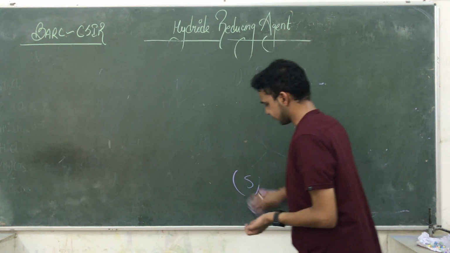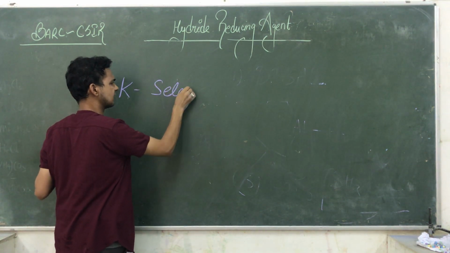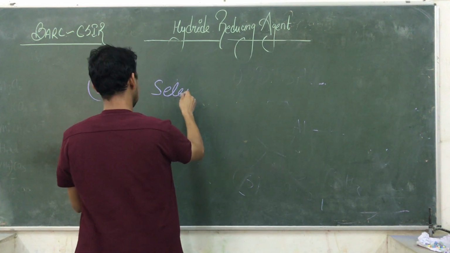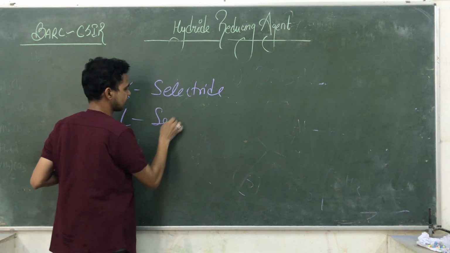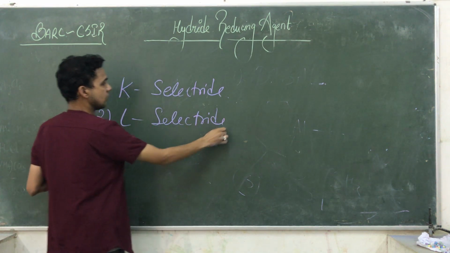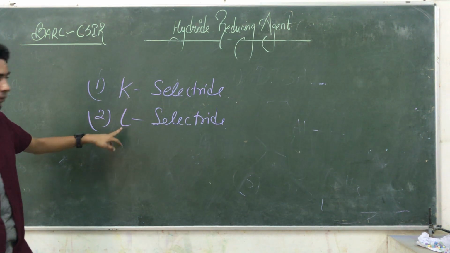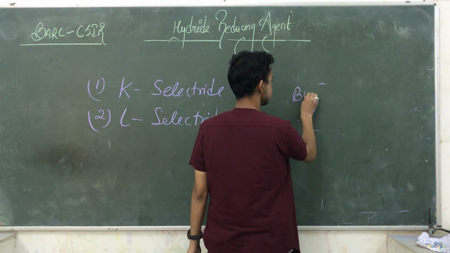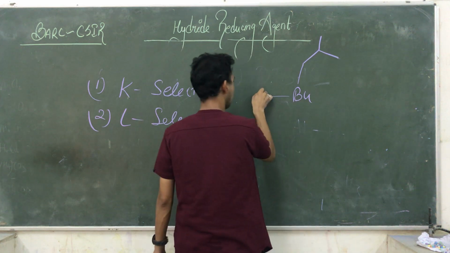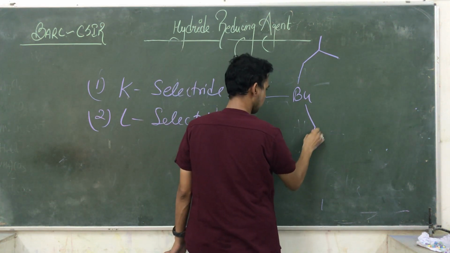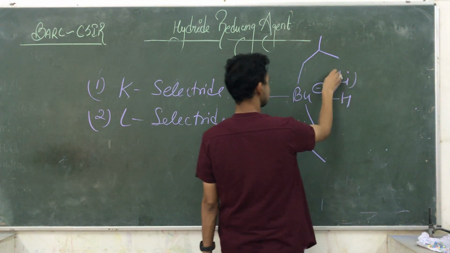The next type is K-Selectride, or second, L-Selectride. K and L-Selectride are normally differentiated on the basis of the potassium and lithium ion. Their structure is like this: negative, one hydrogen is here, and that is lithium.